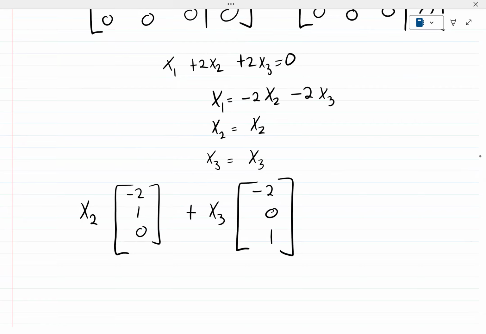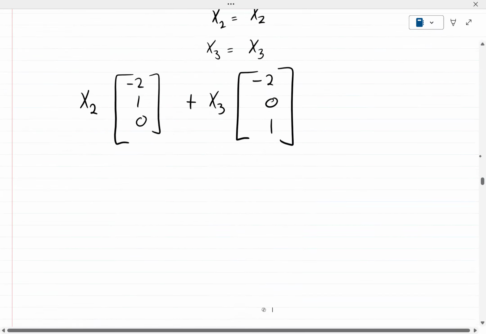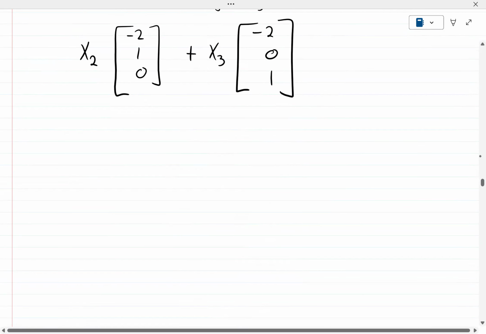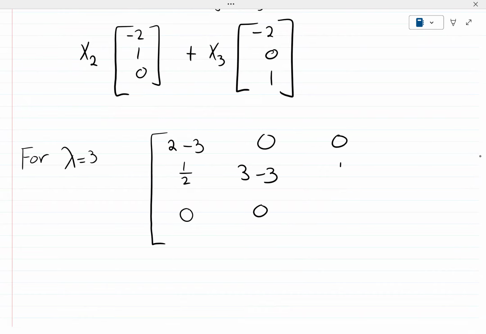Okay, so now we're going to do the same process when lambda equals 3. You're going to get this: 2 minus 3, 1 half, 0, 0, 3 minus 3, 0, 0, 1, and then 2 minus 3. And we do the work.